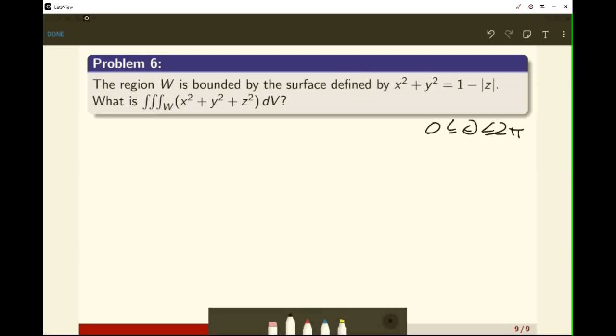And so z ranges from -1 to 1, and then r is always non-negative, and it goes up to the square root of 1 minus the absolute value of z, because this was r squared.